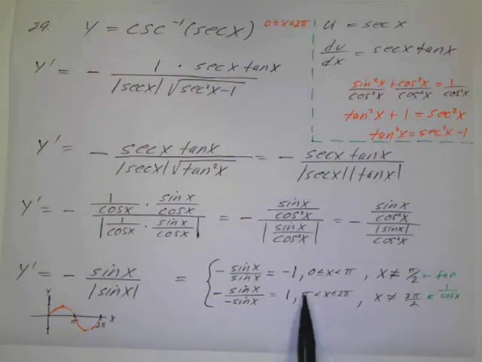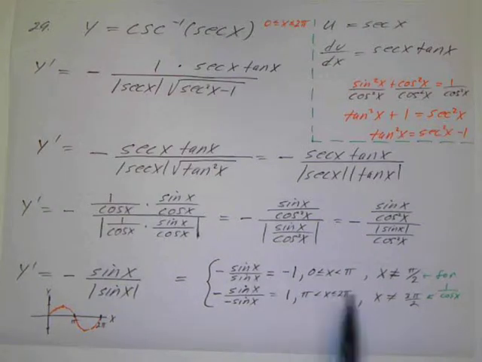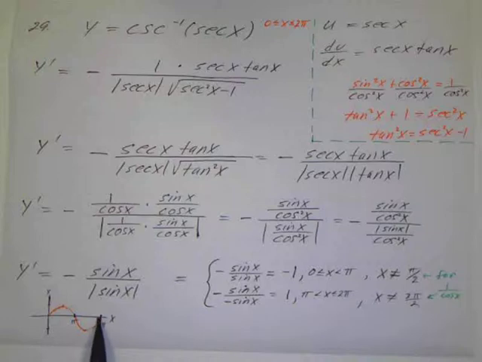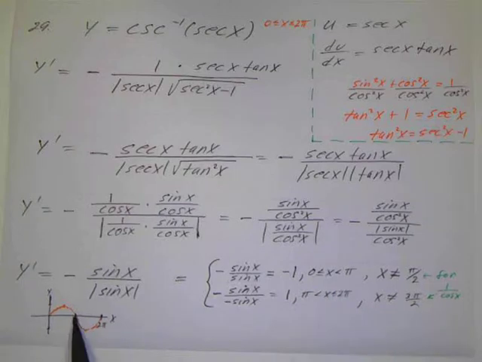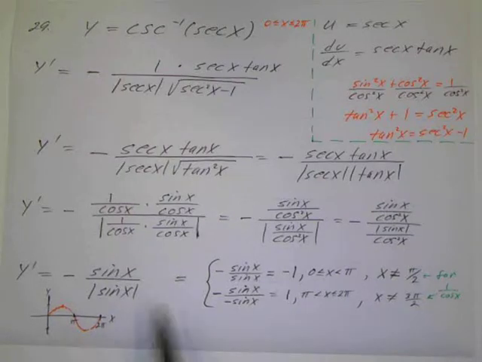Now, from pi to 2 pi, I'm sorry, from pi to 2 pi, this interval here, notice how the sine curve is negative. So since that's the case, and we're going around the pi value, in other words, we would have 0 in the denominator if it was 0, so we're going around that. Okay, and we can simplify this.